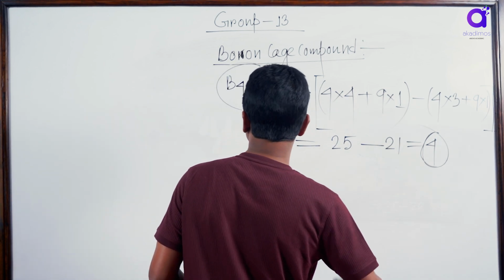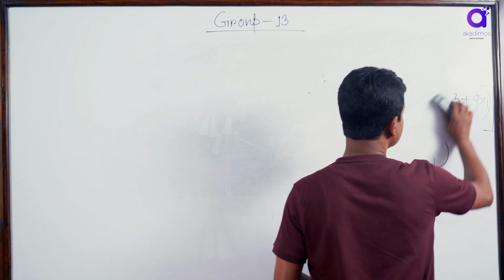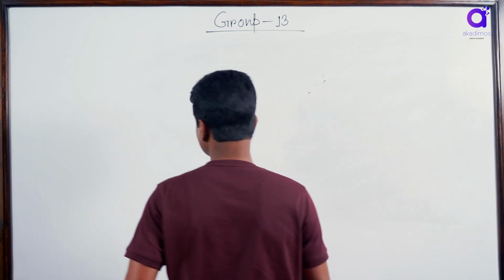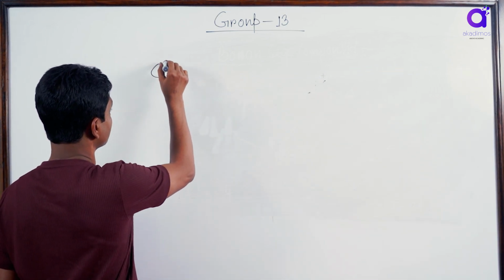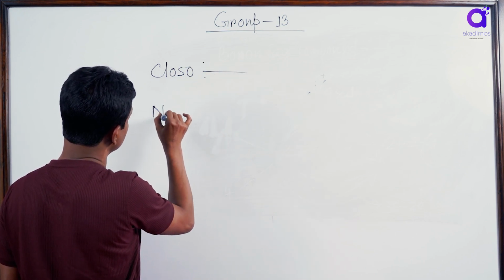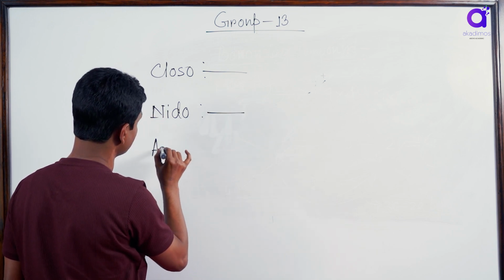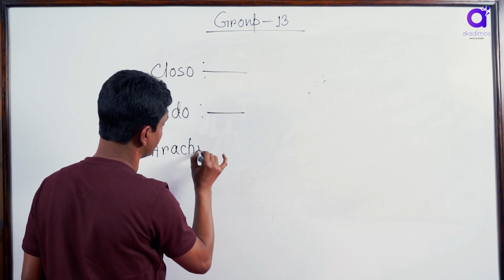Now remember, the cage-like structures of boranes are of 3 types. One is called Closo structure, another is Nido structure, and the last one is Arachno structure.